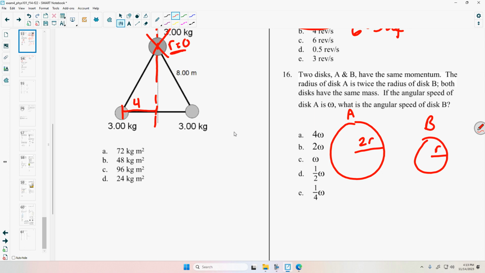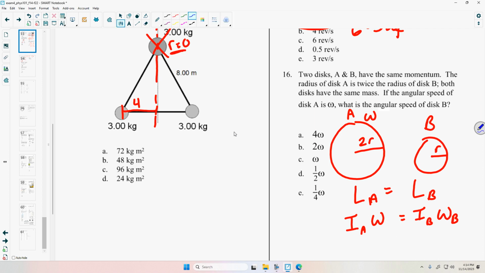The angular speed of disk A is omega. What is the angular speed of disk B? It says that they have the same momentum. So the momentum of A is equal to the momentum of B. I_A omega_A equals I_B omega_B. I'm just going to call the angular speed of disk A omega.